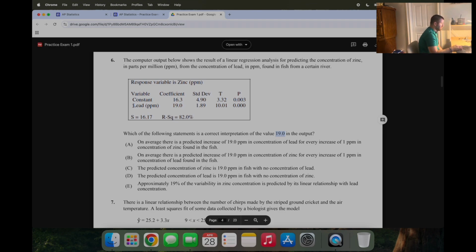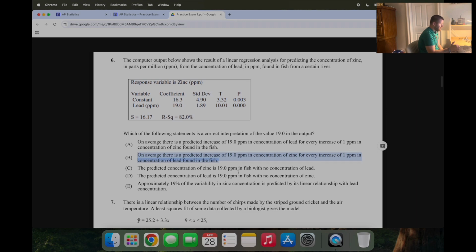So in this case, when I see up here in this printout, 19 happens to be right in the middle here. And also very nicely in this printout, it tells me that my response variable, or my y-axis, is zinc. So I know that this 19 is the increase or the predicted increase in zinc for every 1 part per million of lead. And so that answer choice is right here.